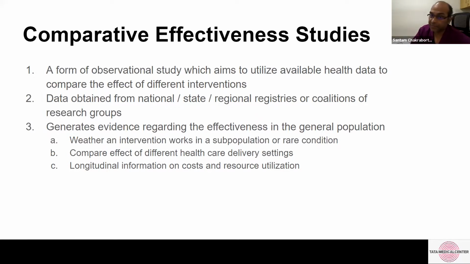This data is typically obtained from national, state, or regional registries or from coalitions of research groups. Please remember that your hospital data does not allow you to get a comparative effectiveness study done efficiently. You can do it, but not efficiently.